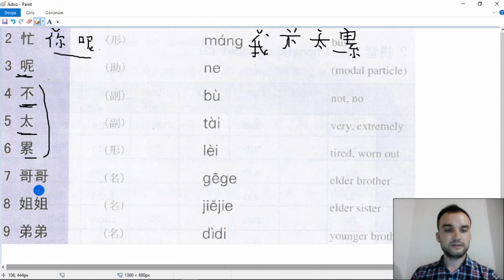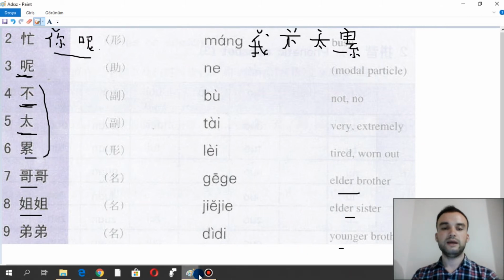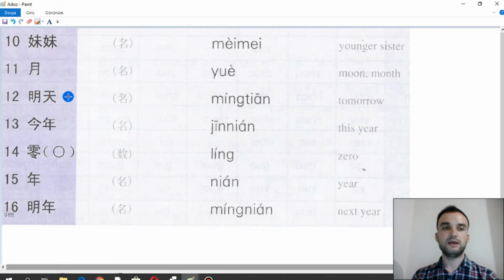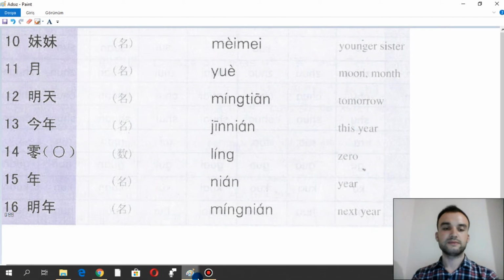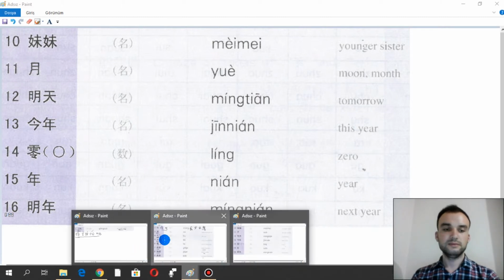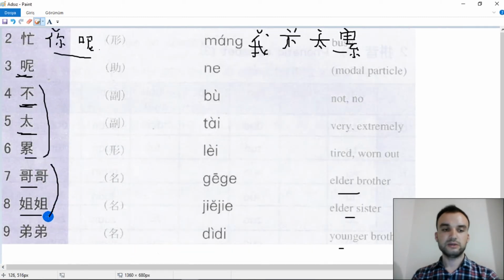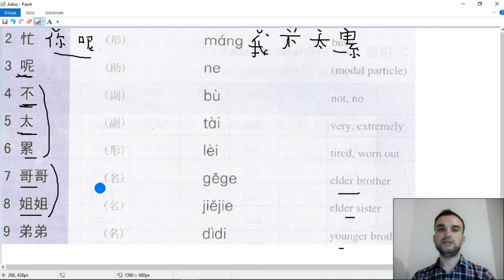Okay, let's study other words. Here we have gege, elder brother, jiejie, elder sister, didi, younger brother, and we have meimei, younger sister. We can make sentences using two of them. For example, 你哥哥姐姐好吗?